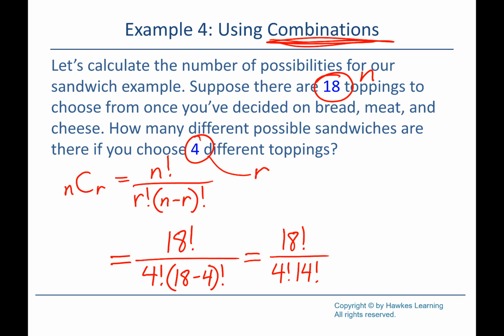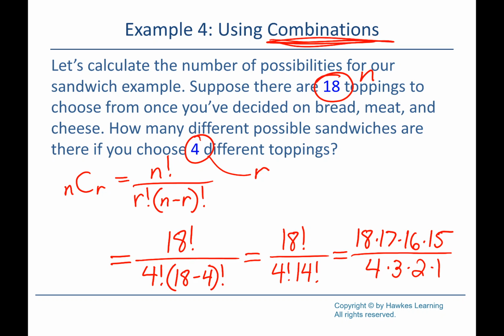Okay. So if you see cancellations that can happen here, the 18 factorial and the 14 factorial, everything 14 or smaller is going to cancel out of that. So on the top, we'll just have 18, 17, 16, and 15 left. And on the bottom, we'll just have 4 times 3 times 2 times 1. And that part we can just punch in the calculator, right?